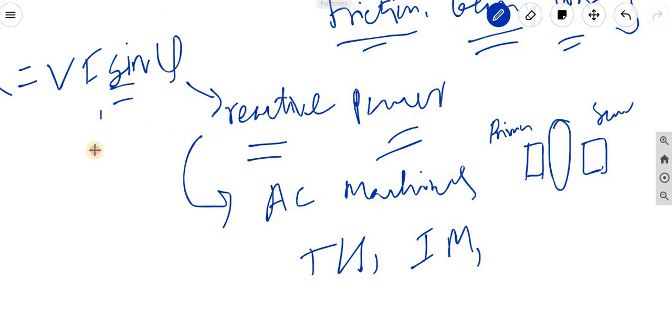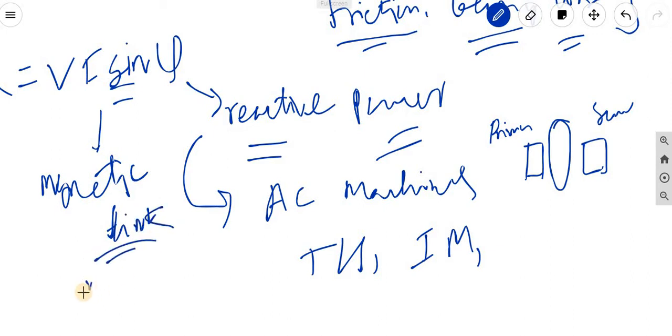So power will be provided for magnetic linking, that means changing magnetic flux.